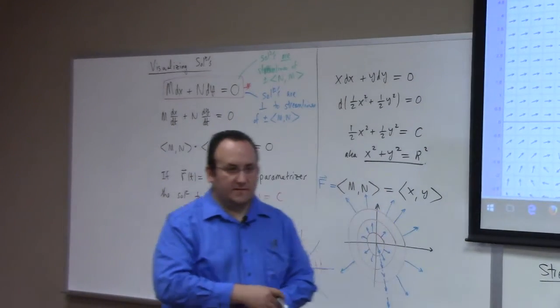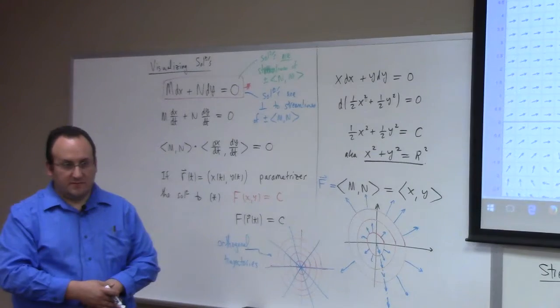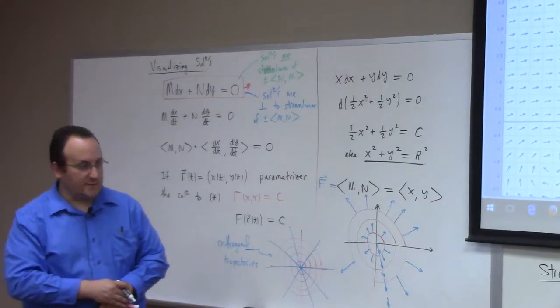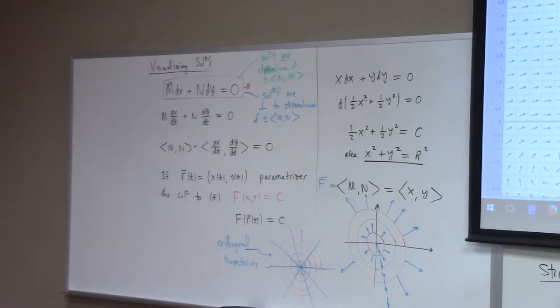In other words, the tangent to the streamline matches the vector field at each point you consider. Let me write that in terms of Mn notation. In other words, dx/dt, dy/dt is equal to m, n. All right?